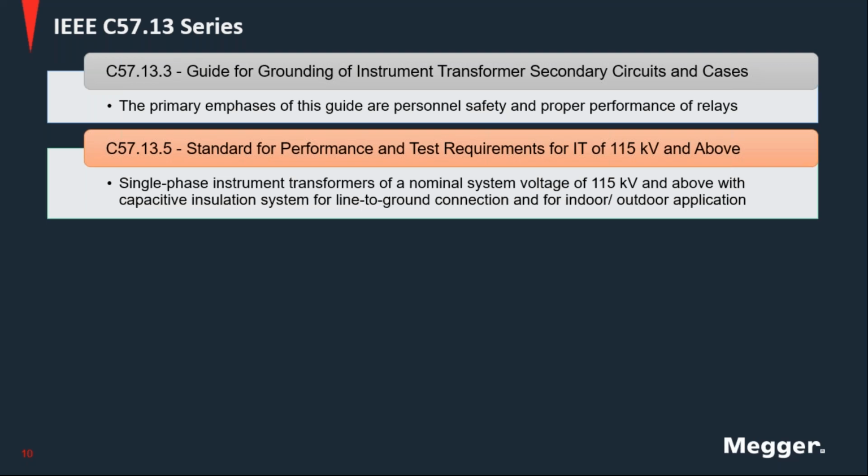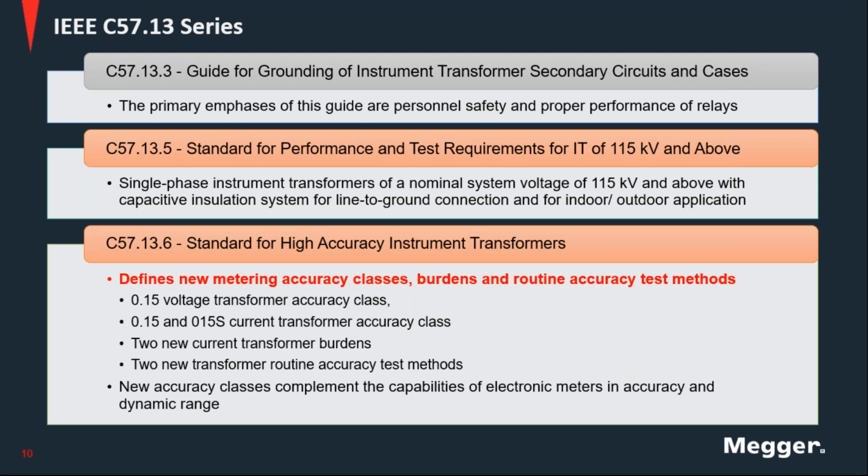This covers mainly potential transformers, voltage transformers, and the accuracy classes that were defined in C57.13. That document brings these accuracy classes from a long time ago.